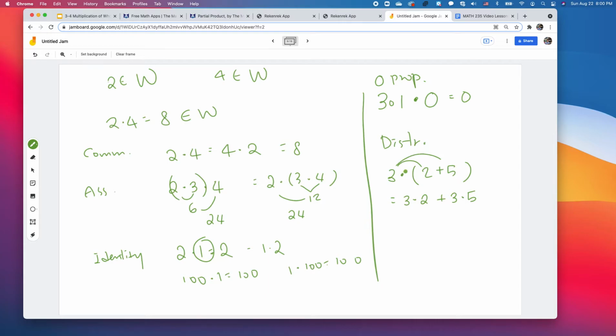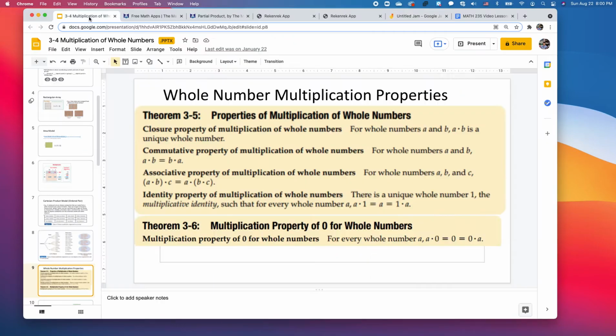So 3 times 2 plus 3 times 5, 6 plus 15, which is 21. That's the same as 3 times (2 plus 5), 3 times 7, 21, right? Okay, so that is the distributive property.